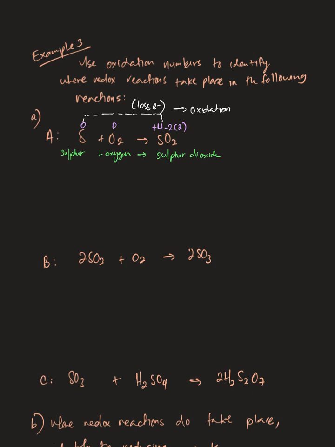Right. If I look here at oxygen, to the other oxygen, it starts off at 0 and then it becomes -4. The only way that that can happen is if I gain electrons. If I gain electrons, it means I have reduction.